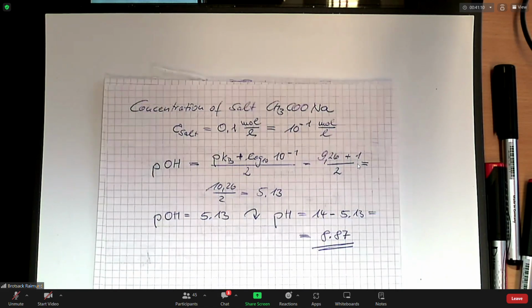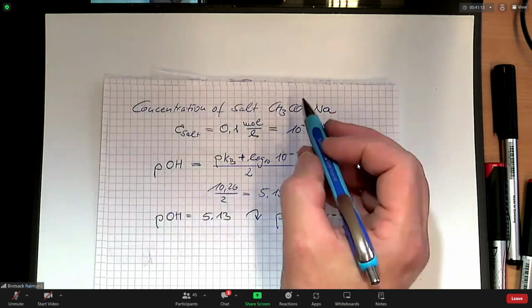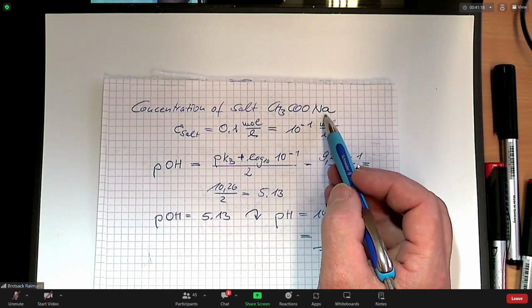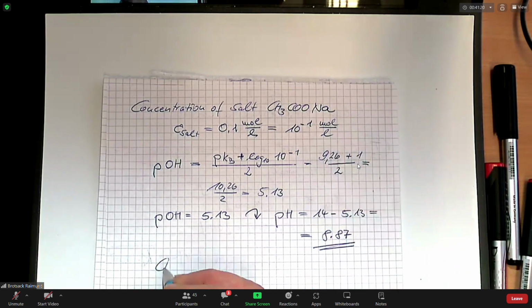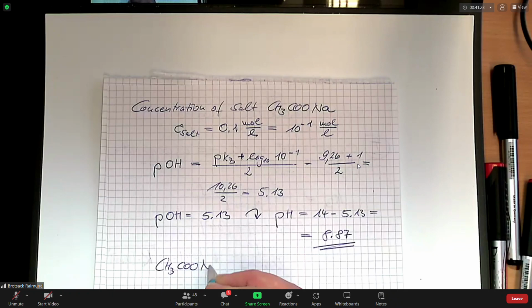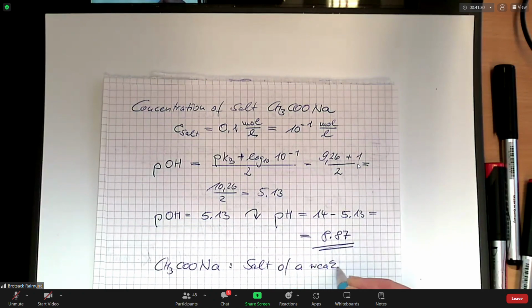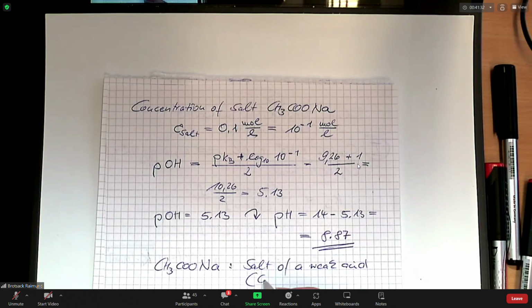So what did we find? We had a salt of a weak acid and a strong base. This sodium acetate is a salt of a weak acid, which is CH3COOH, and a strong base, which is sodium hydroxide.